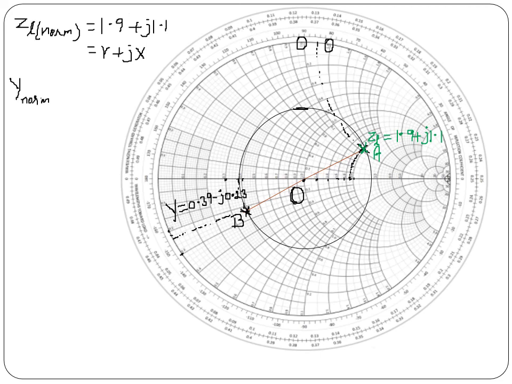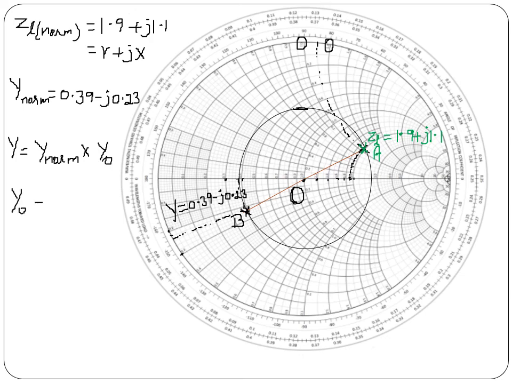So normalized admittance is equal to 0.39 minus j0.23. Therefore, admittance is equal to normalized admittance multiplied with the Y naught.